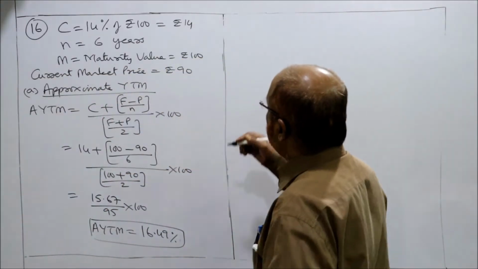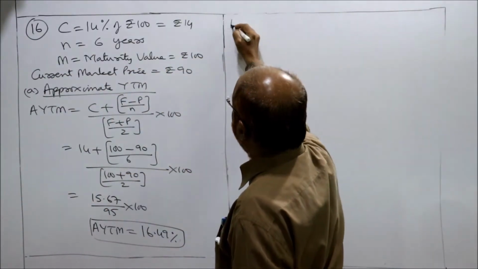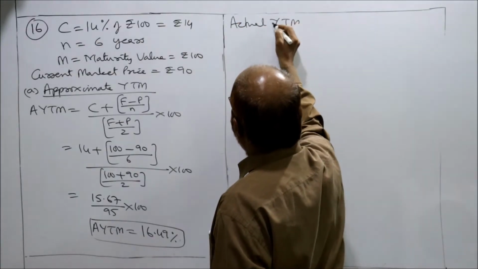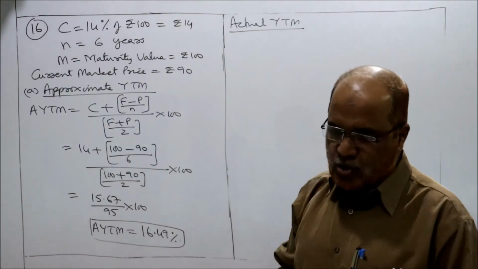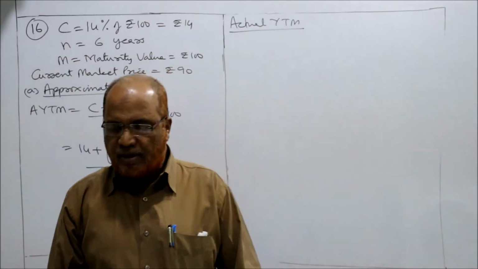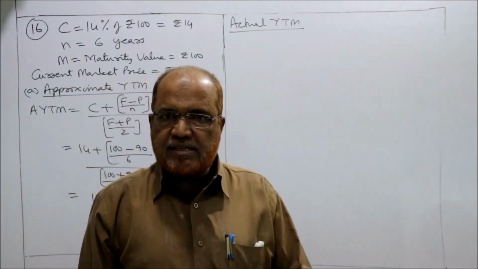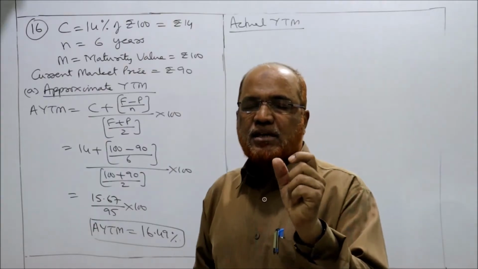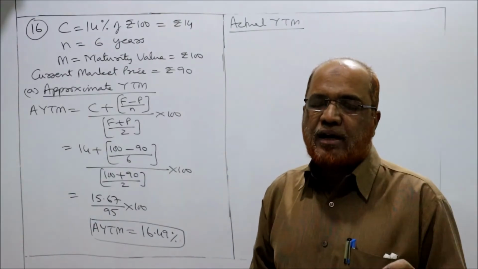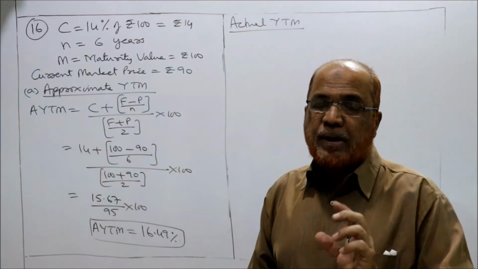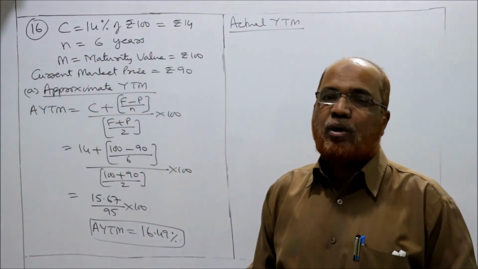Now we calculate actual YTM by trial and error method. Since the current market price is given, what is the arbitrary discount rate, the required rate of return, we should take? By comparing the market price with the face value, we can decide what rate we can take.